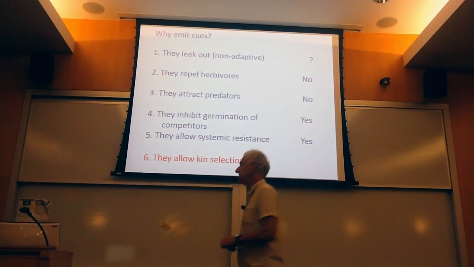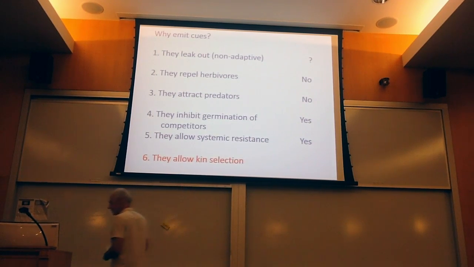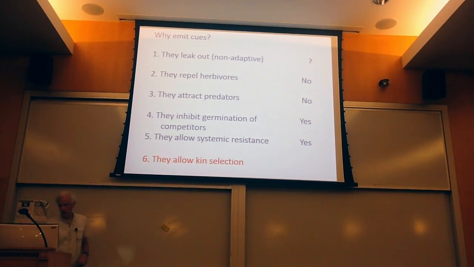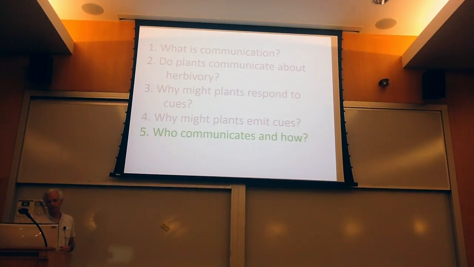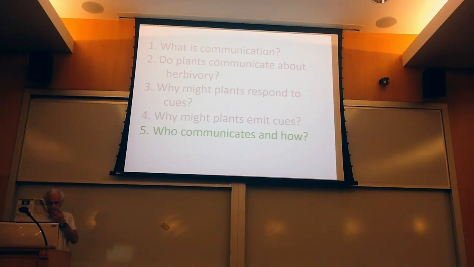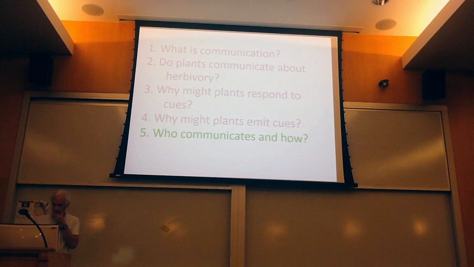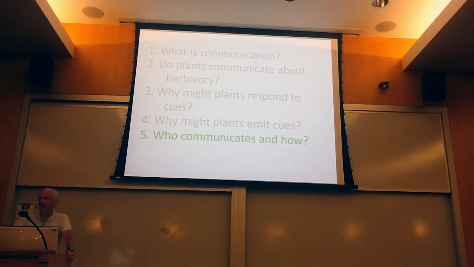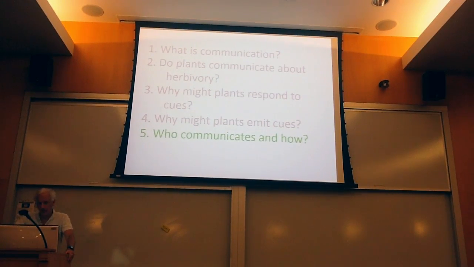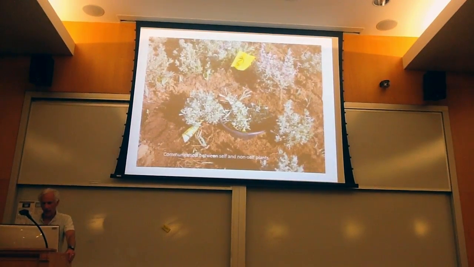And so in order to test this, we tried to propagate sagebrush. This got us going down a path of trying to understand who communicates and how they do it.